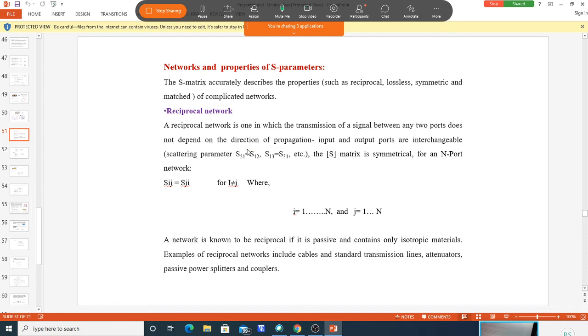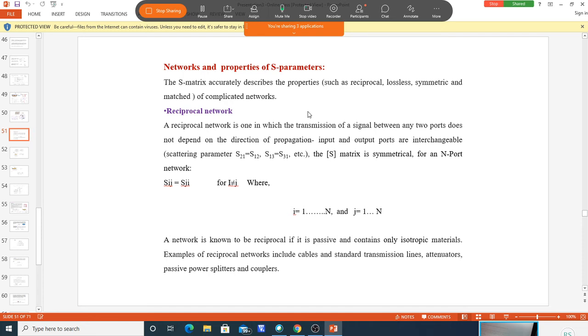So reciprocal networks are there, symmetric networks are there, lossless networks are there. Like this you can categorize the networks: reciprocal, symmetric, lossless. Another is matched networks.